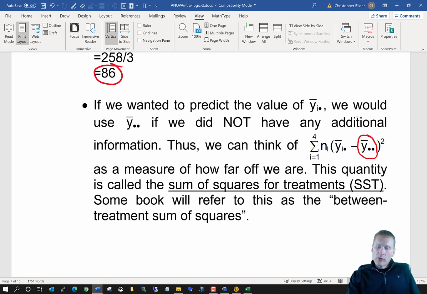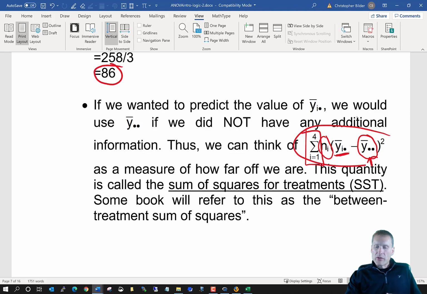And so now what we're looking at then is, let's say, what we actually observe, subtract off what we would predict. We square it, we weight it by the number of stores per design type, and we sum over all the design types.